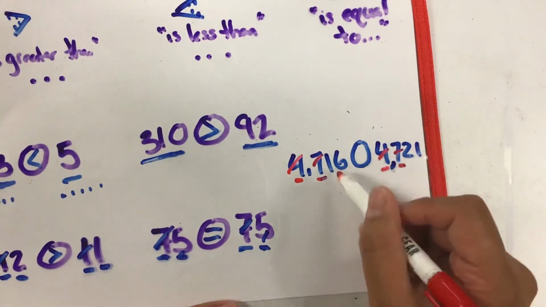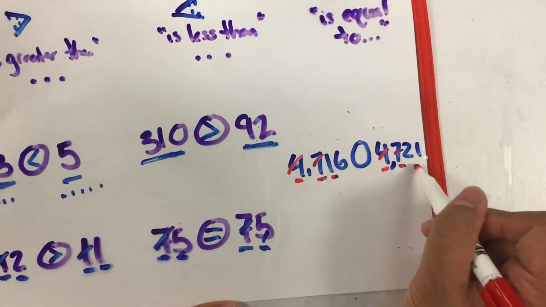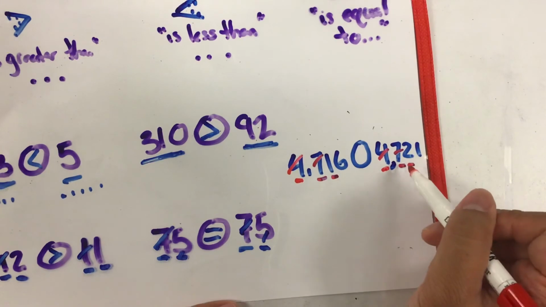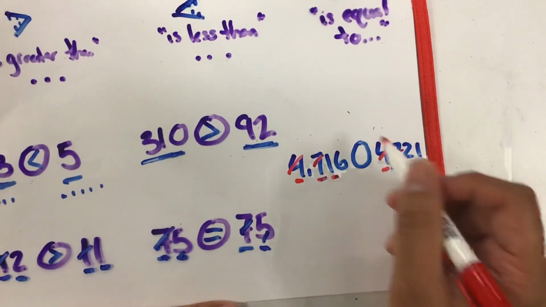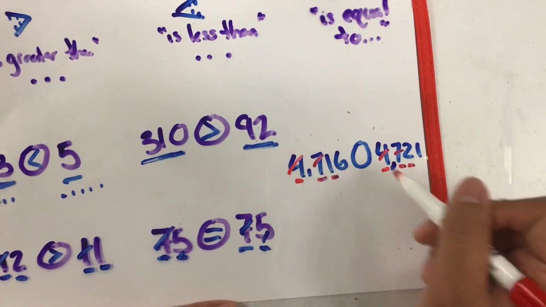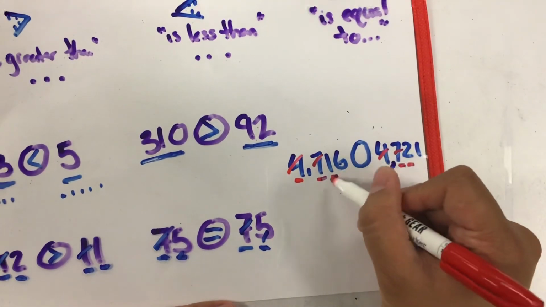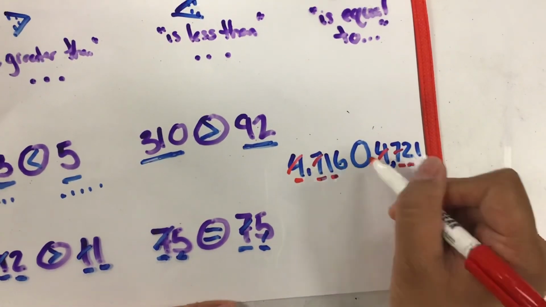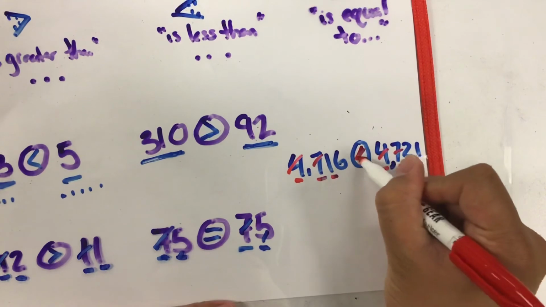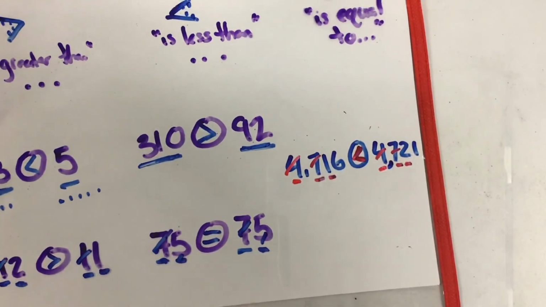They're both the same. Now we have 1 ten here and 2 tens here. So now I know that since there's 1 ten here and 2 tens here, this side is smaller because 1 is less than 2. So in the end, we're going to have 4,716 is less than 4,721.